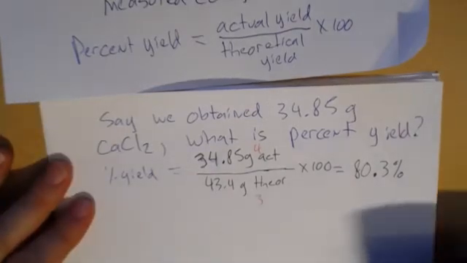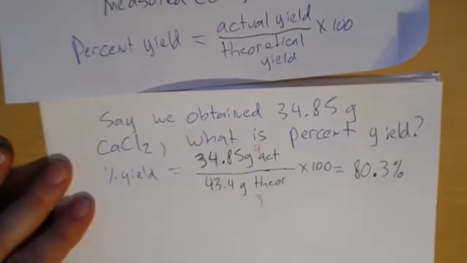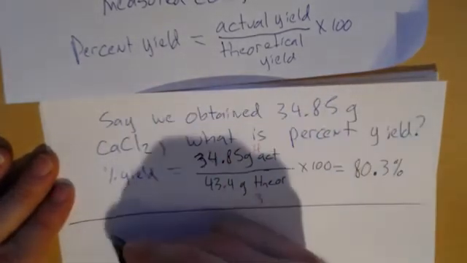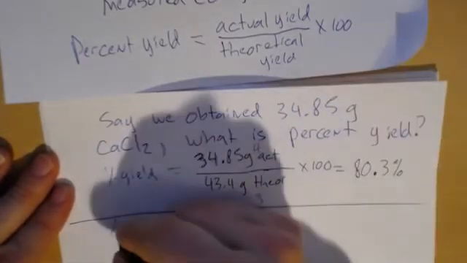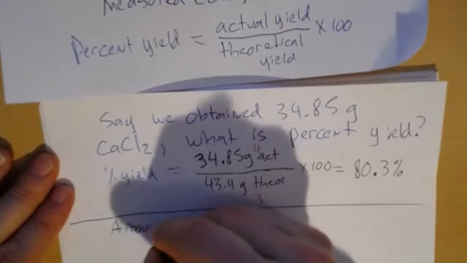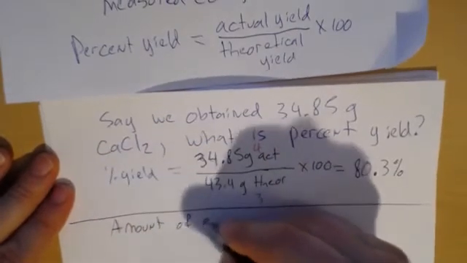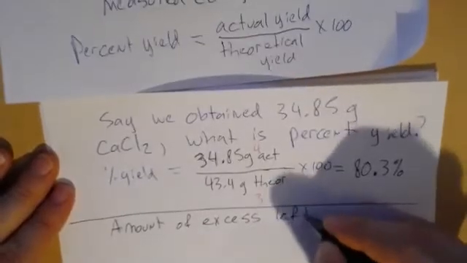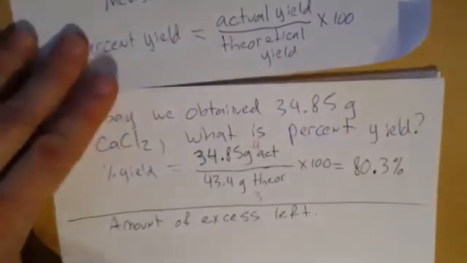Okay, so let's see if I have enough time. So that's percent yield. Let's also find the amount of excess left. And so there's a set of steps for this.